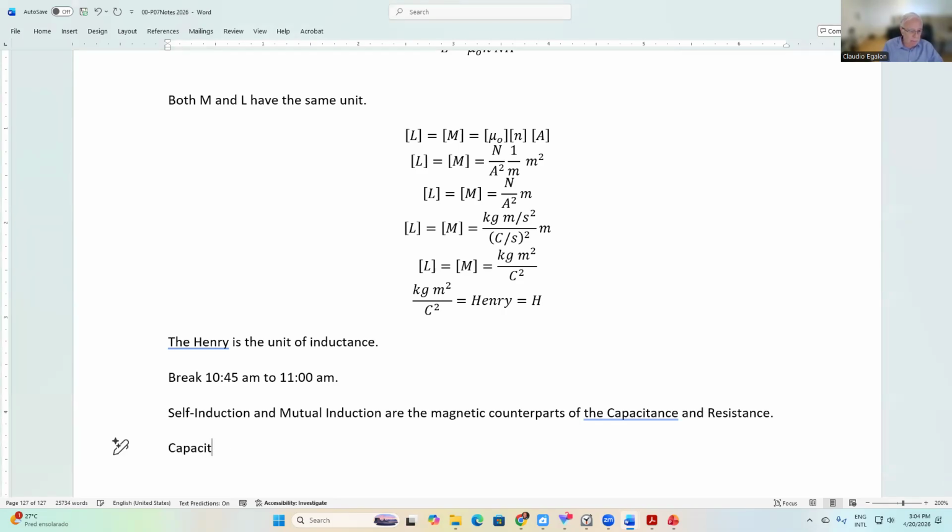If capacitors and resistors are electric devices, inductors are magnetic devices because they depend on the magnetic field. That's how they work.